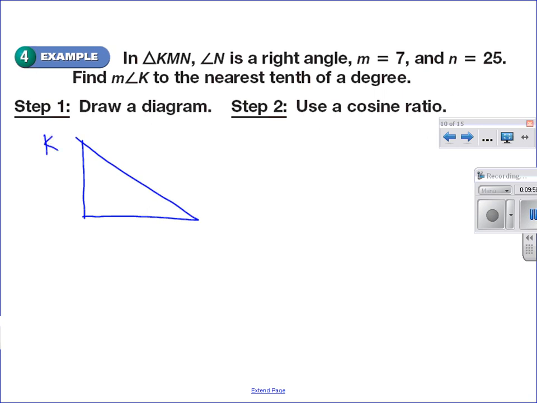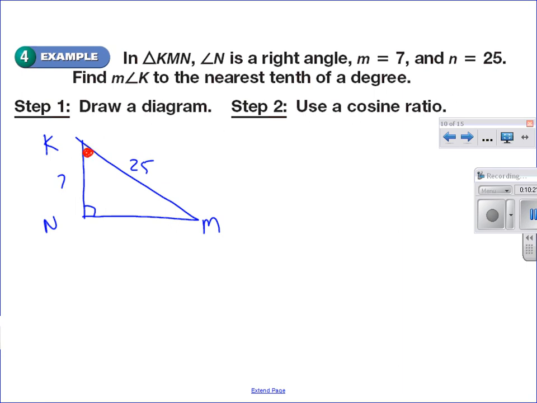I put K, N, and then M. In this case, angle N is the right angle, and M is 7, so across from this must be 7 here, and N is 25, so my hypotenuse is 25. Find angle K is my question.